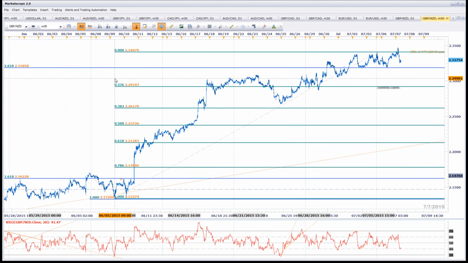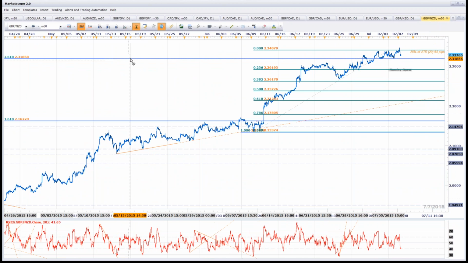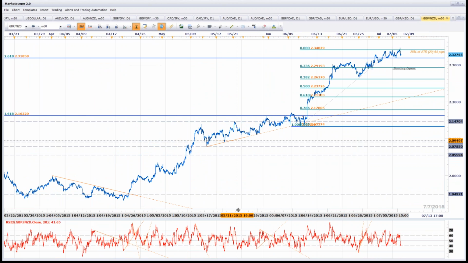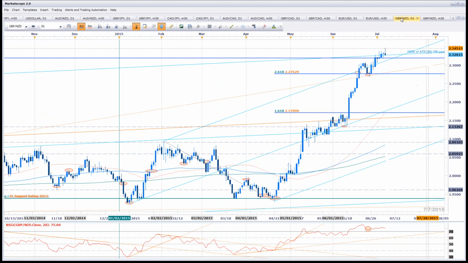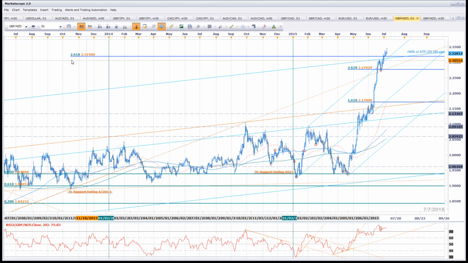231.85 level. That was a 2618 extension from the decline off the lows. How far back does that go? Okay, goes way back.